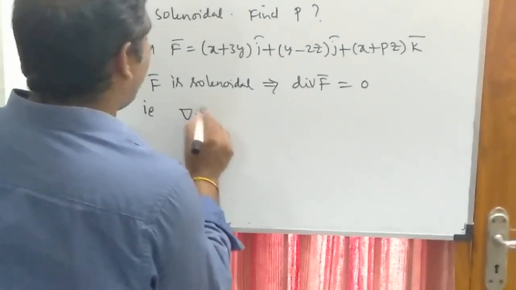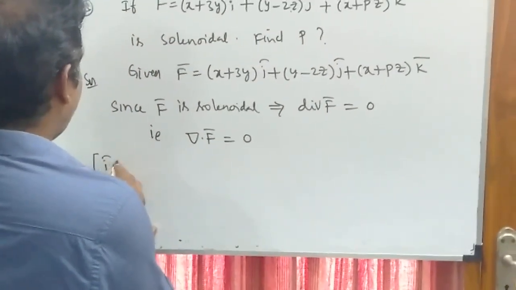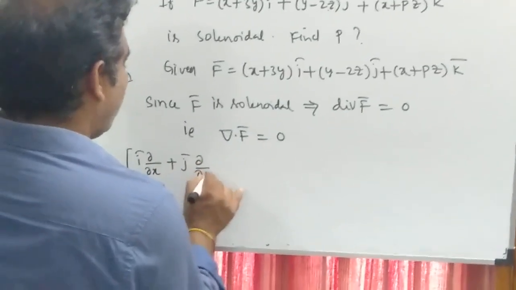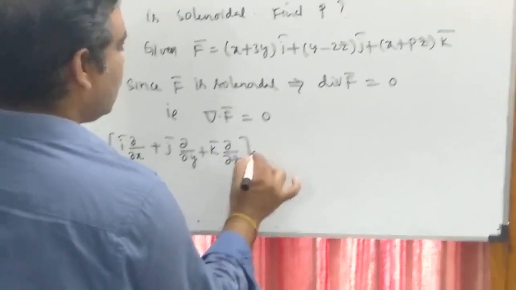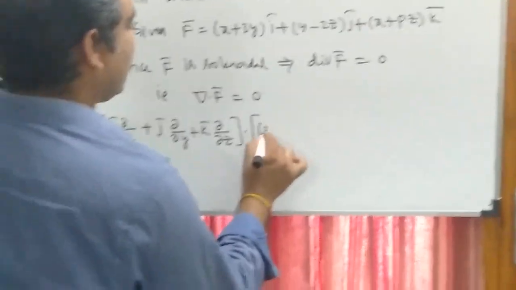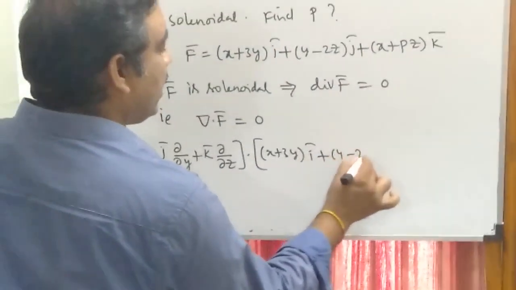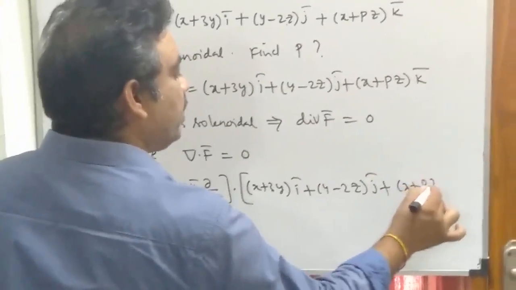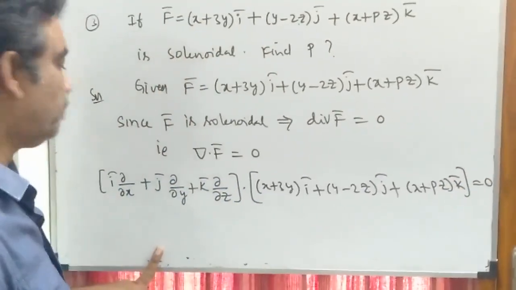That is, del dot f bar is equal to 0. Del means i bar ∂/∂x plus j bar ∂/∂y plus k bar ∂/∂z. The dot product with (x plus 3y) i bar plus (y minus 2z) j bar plus (x plus pz) k bar is equal to 0.